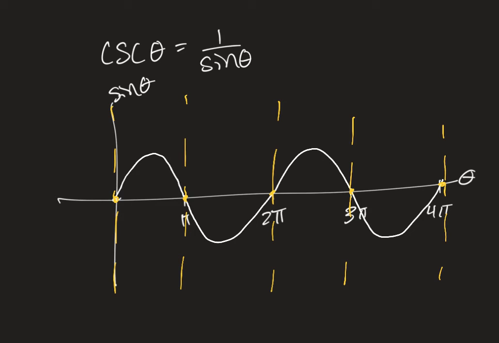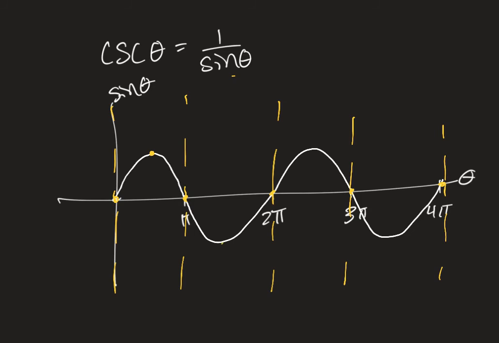So similar to the tangent curve, we're going to have these gaps in our domain, these things that we have to skip because it'll be undefined. But now also we're not going to be just limited to -1 and 1. It's actually going to be the reciprocal. So anytime we had a fraction, now we're going to have a bigger number because we have 1 over that fraction. But also anytime sine is 1, cosecant's also going to be 1.